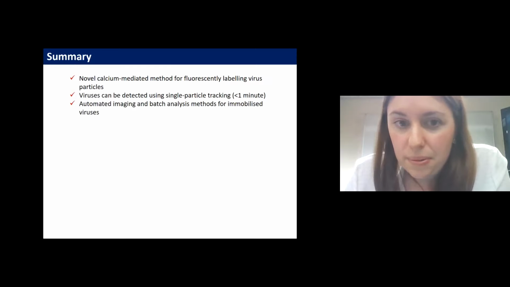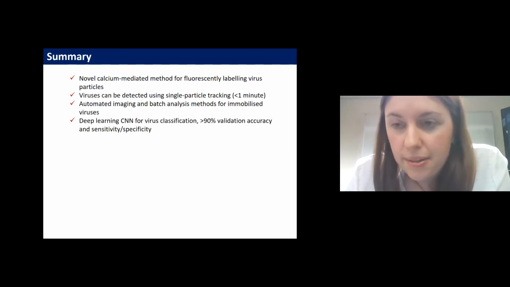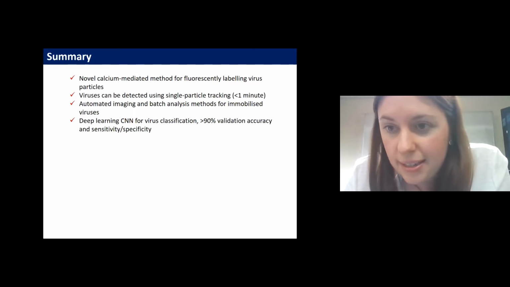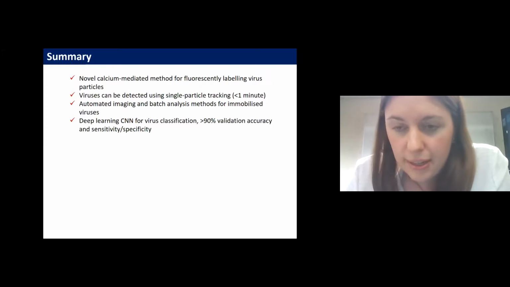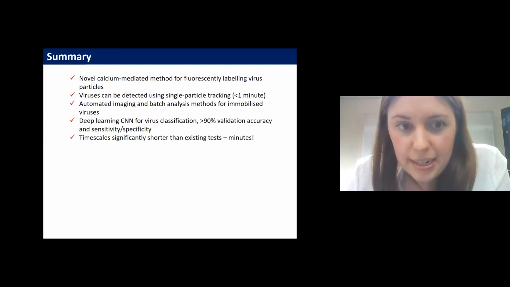We can also use automated imaging and batch analysis methods on immobilized and fluorescently labeled virus particles, and use machine learning algorithms to classify viruses where we get over 90% validation accuracy and very high sensitivities and specificities for our lab-grown strains, slightly lower for the clinical samples, which still needs a bit more optimization.